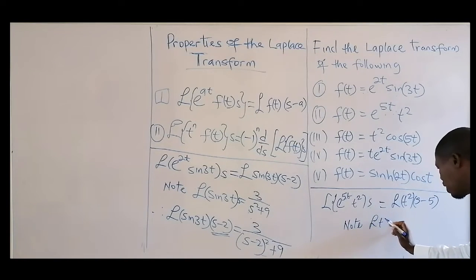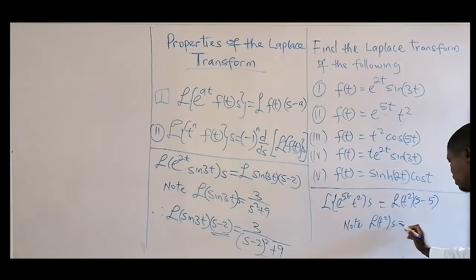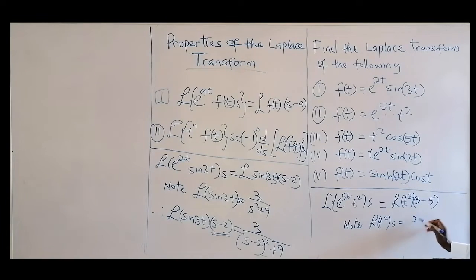Then you have to note that Laplace of t squared is equal to 2 factorial over x to the power 2 plus 1, and 2 factorial is 2 times 1, over x cubed. So let's apply that. What we just need to do is change the x here to x minus 5.